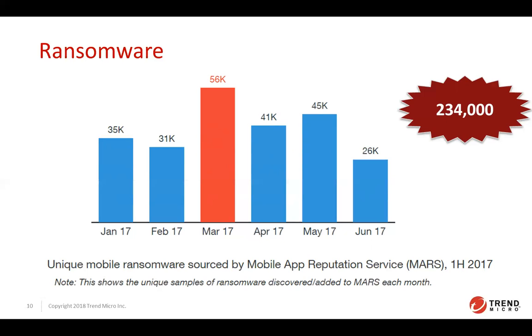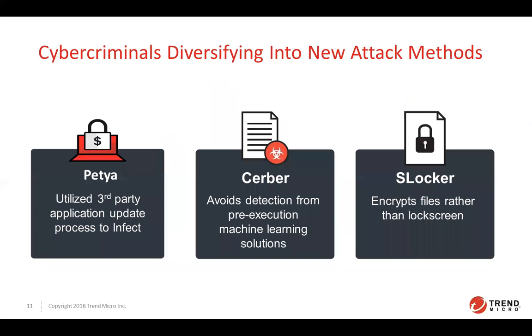You can see it had the highest in the month of March of 2017 at 56,000. So significant number of mobile ransomware apps that are being propagated out there. The criminals are seeing mobile as a way to get after new victims, right? It's another attack source that they can take advantage of. So ransomware definitely is going to continue to be a problem.